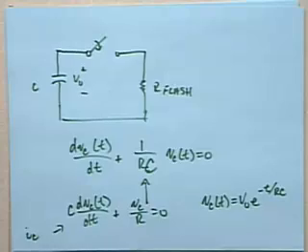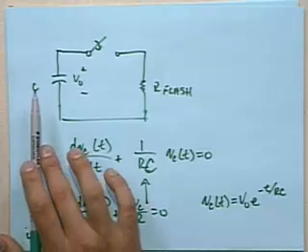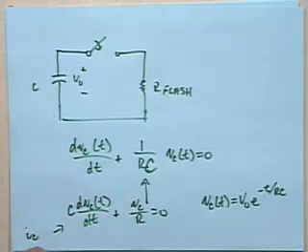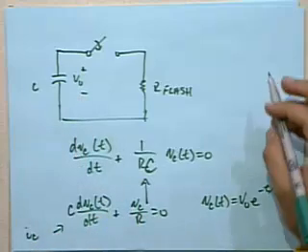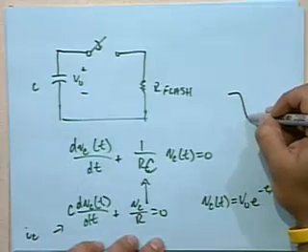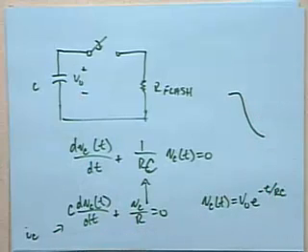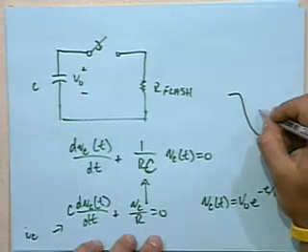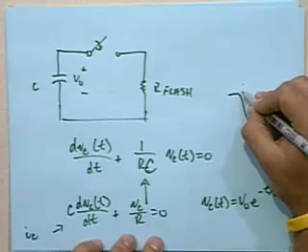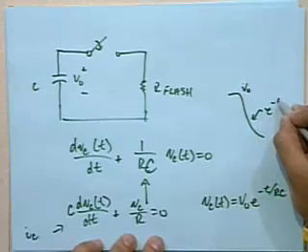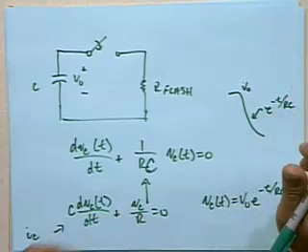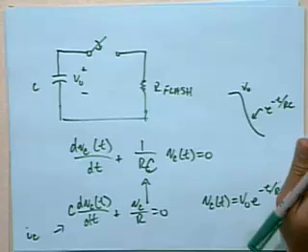And what that means is that, based on the capacitance of the capacitor and the resistance of the resistor, there will be some drop in the voltage over time. It'll start out at some voltage V0, and the slope of that line would be that negative e to the negative t over RC.